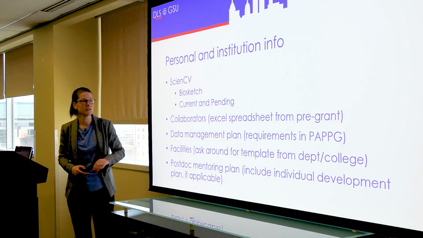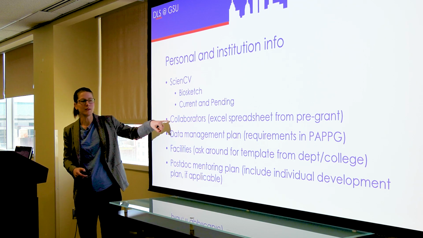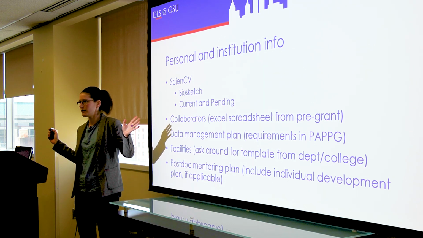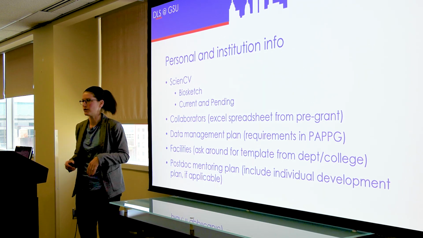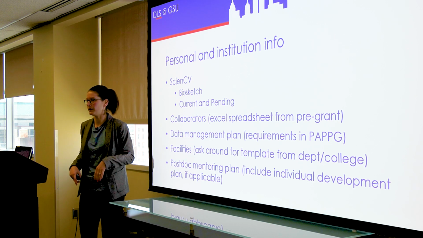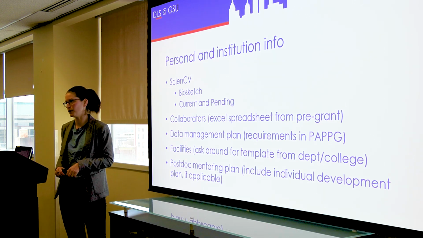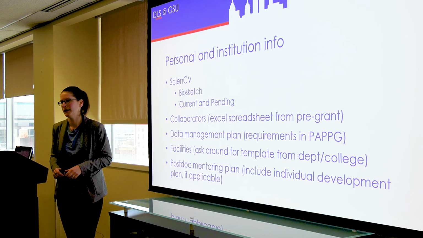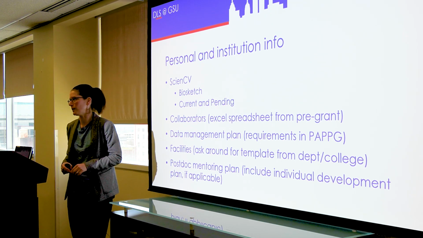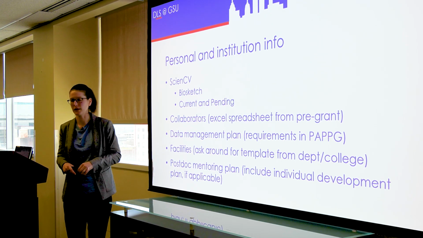Then collaborators. I don't know if this is standard across all colleges, but in our college, there's sort of a spreadsheet that you fill out with who your graduate advisor was, different journals that you published in the last year, different collaborators in the past few years.